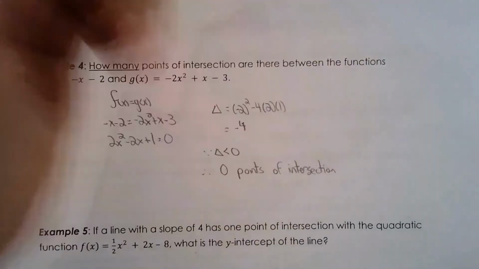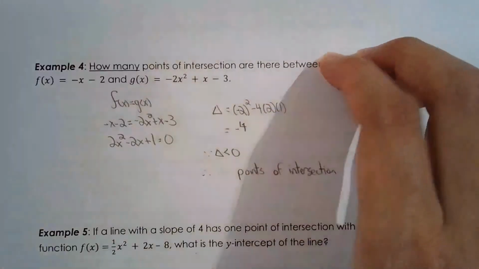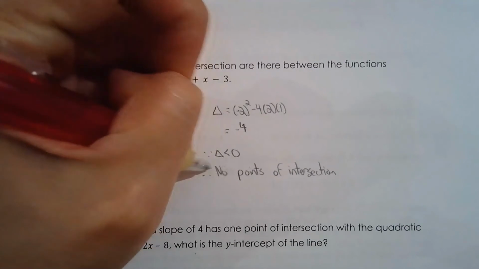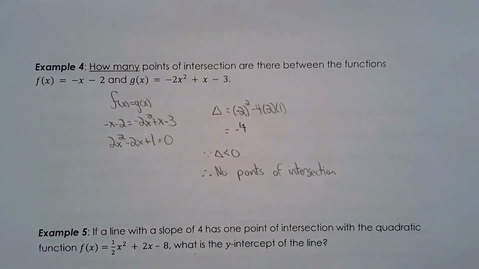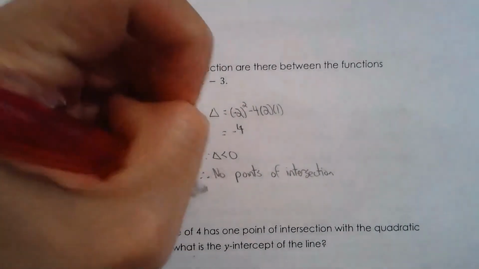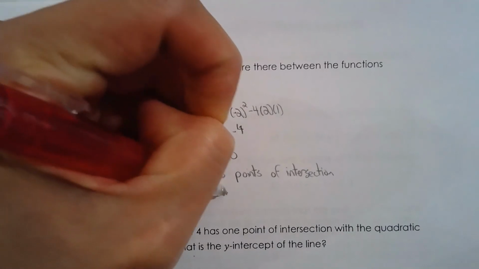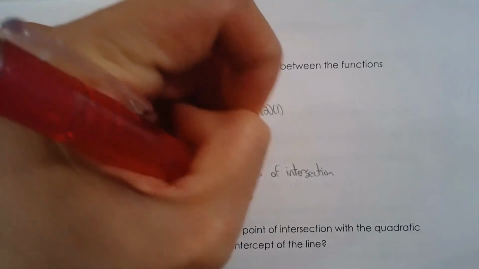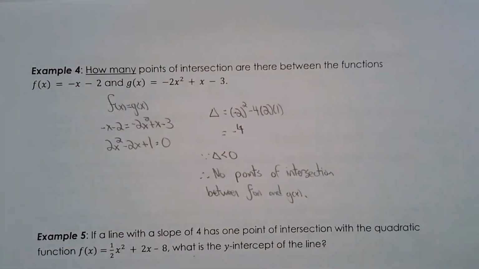You know, I prefer saying no points of intersection. No points of intersection between f of x and g of x. Okay, see, discriminant, very nice.